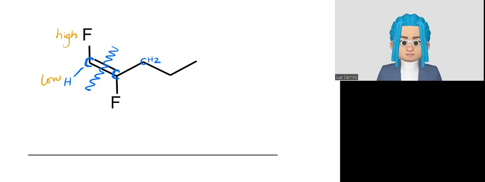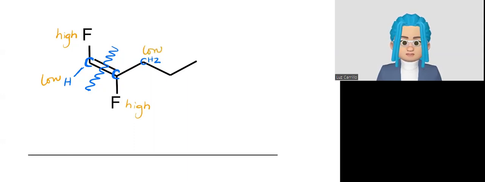The carbon on the right is connected to fluorine versus carbon. When it comes to the comparison of fluorine versus carbon, fluorine has a higher atomic number, so we label it high. Carbon has a lower atomic number, so we label it low.